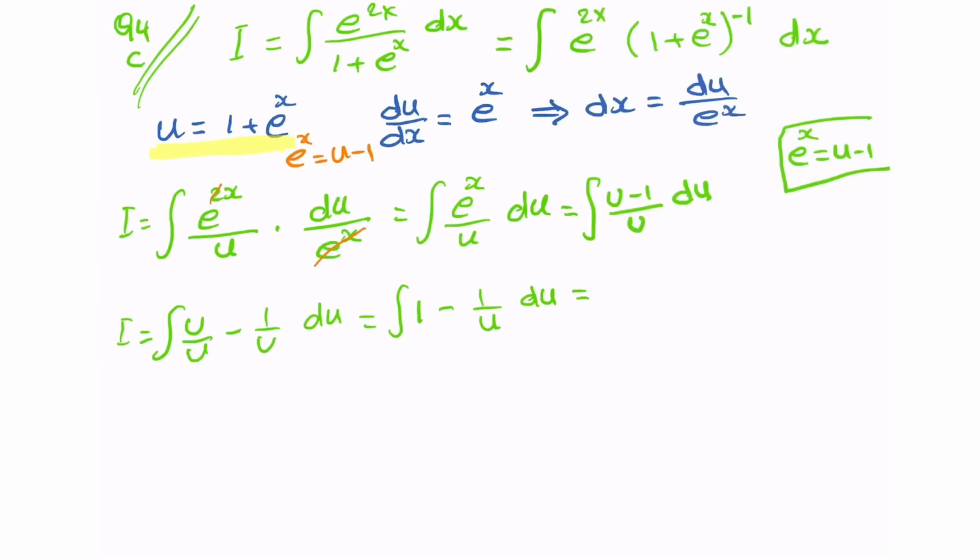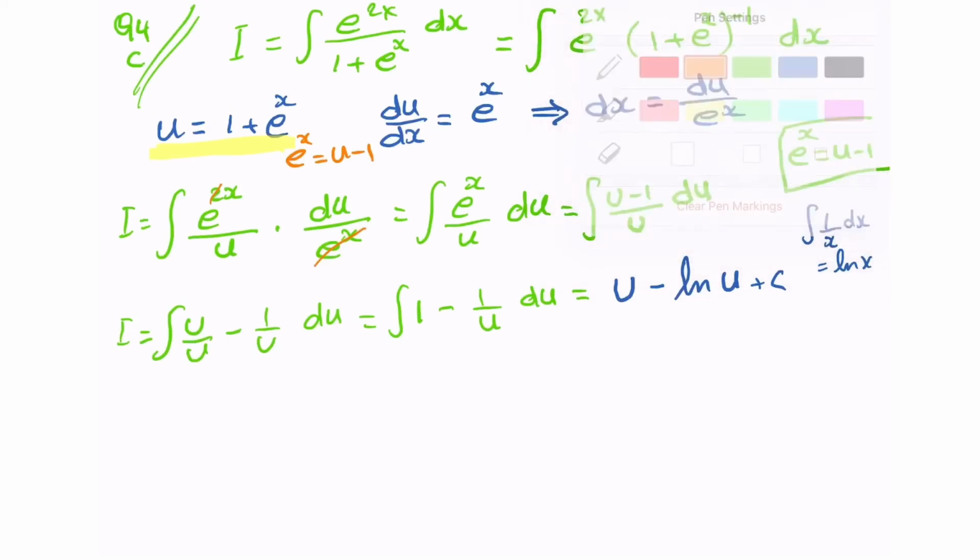So this is going to be u, then minus ln u, because the integration of 1 over x, that's what you usually know yourself, equals ln x. Same thing, 1 over u du is ln u, and then plus c.